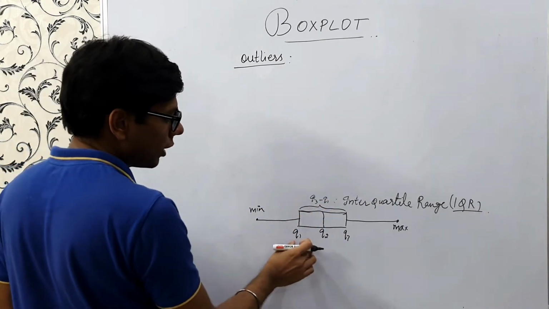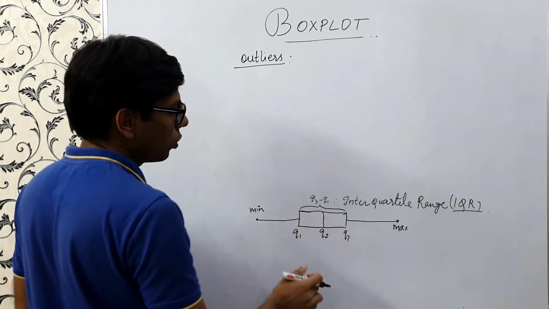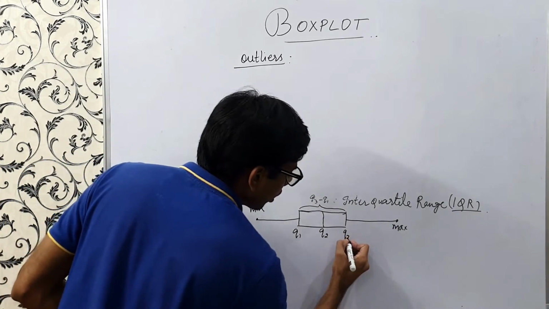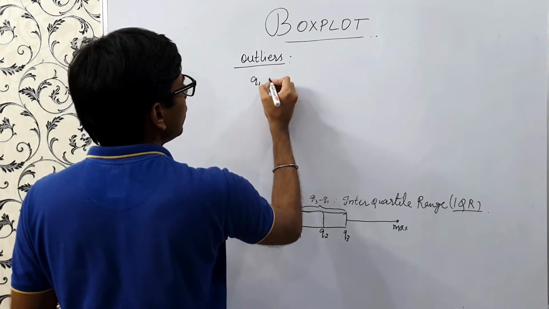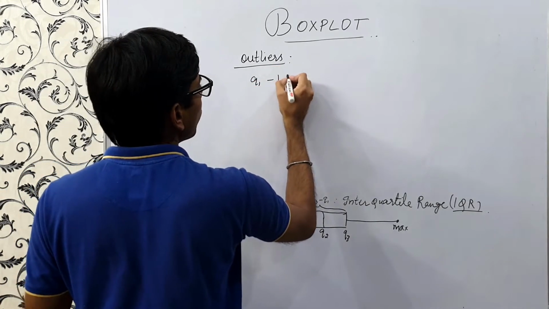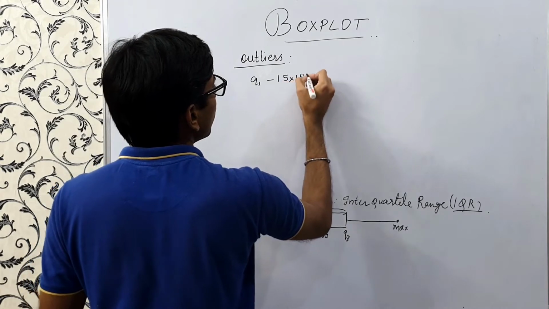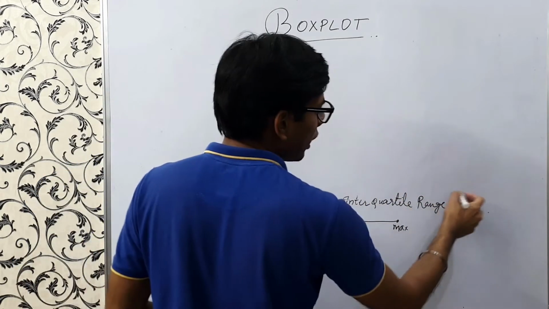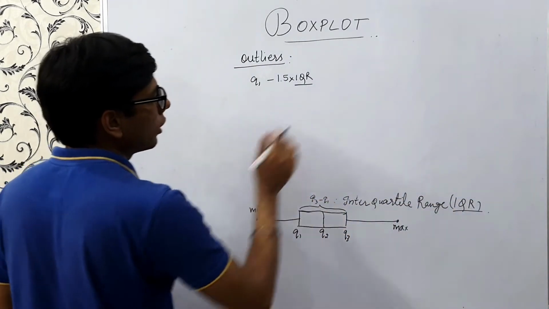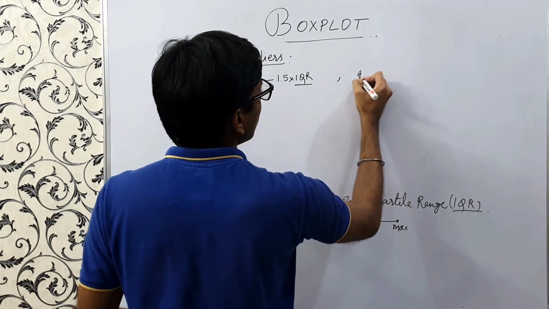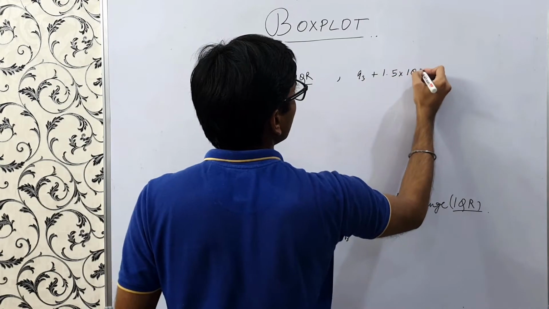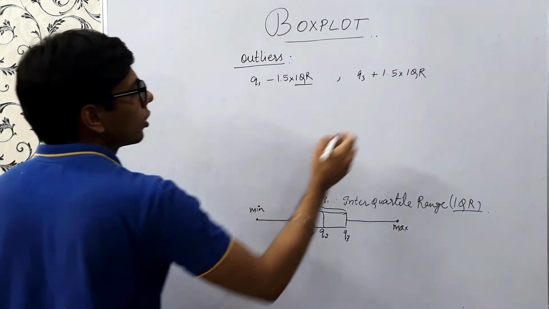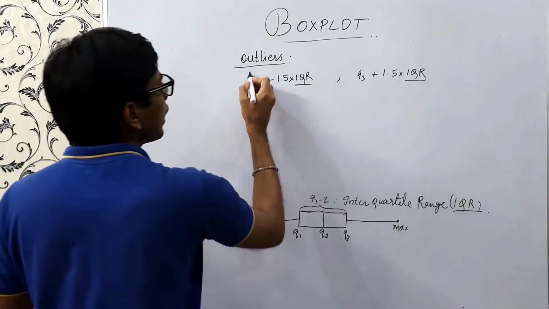So we have calculated these quantities Q1, Q2, and Q3, right? So we'll calculate this Q1 minus 1.5 into IQR, where IQR is interquartile range, Q3 minus Q1, and Q3 plus 1.5 into IQR. So we'll calculate this thing.